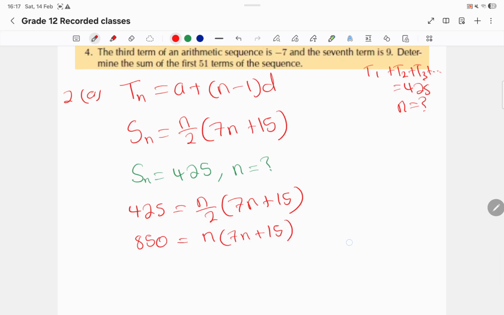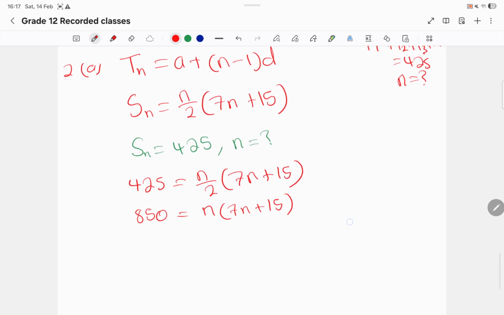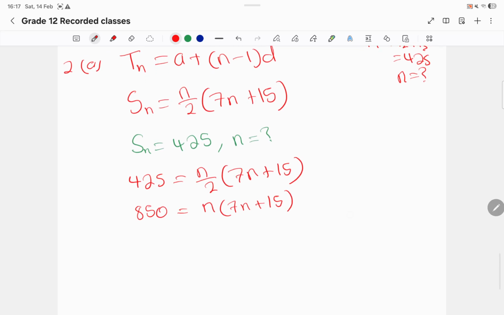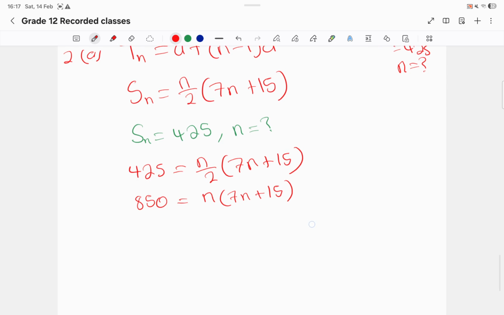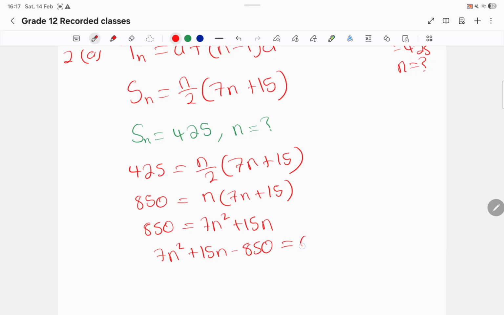Let's expand that: we've got 7n squared plus 15n. Then we put everything on the same side, so we've got 7n squared plus 15n minus 850 equals 0.